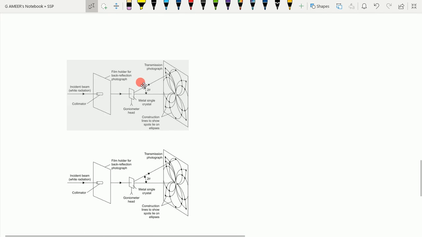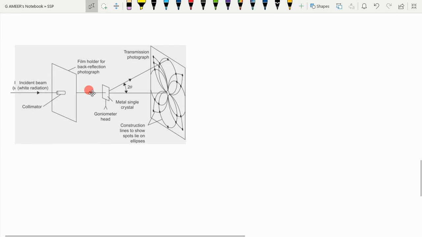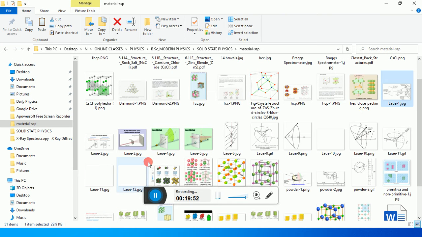Yeah, so this is the one, the incident beam. One more diagram is there. I'll take the diagram for even better understanding.